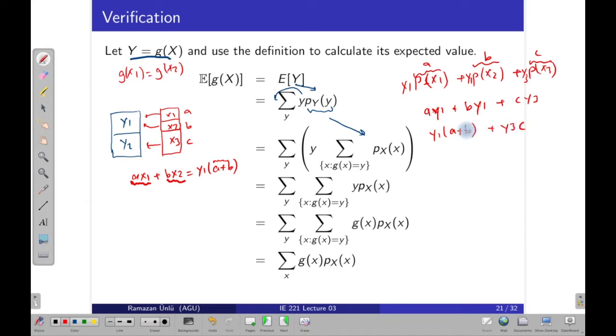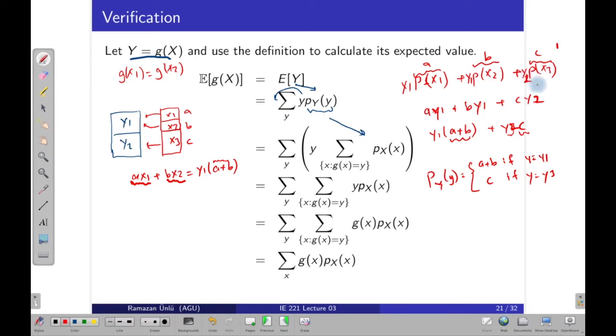What is this? Actually, this is the probability of y1, right? And this is the probability of y2. If I write this as a PMF, I can say P of y is equal to a plus b if y is equal to y1, and c if y is equal to y2.